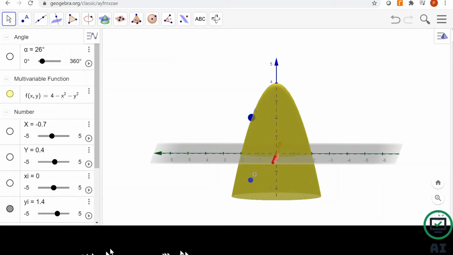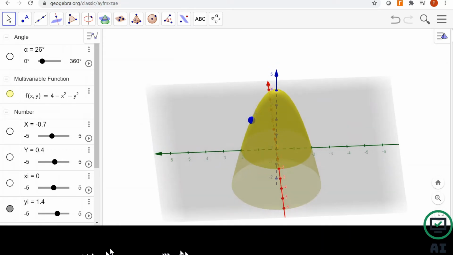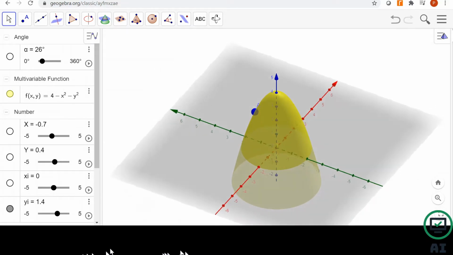So we have to find out the slope. When we say we have to find out the slope on surface, what is the actual meaning of that, we will discuss it. Let's first visualize this graph, and then I will discuss the partial derivative, then I will explain what is the meaning of the slope on surface in 3D. So you can visualize this by rotating it in any direction.